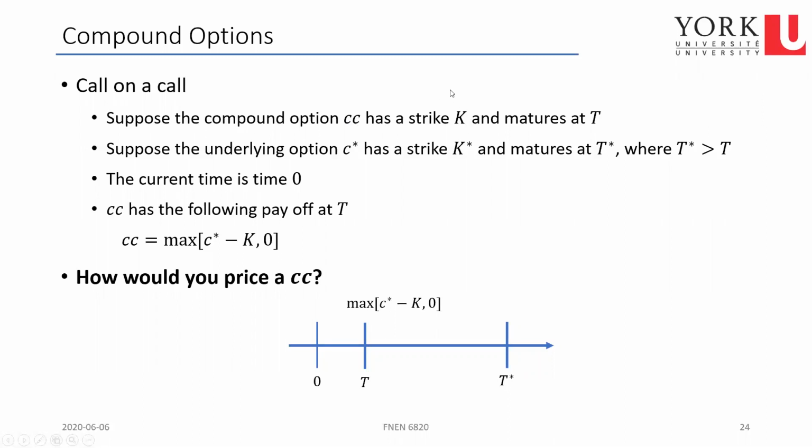And the payoff is that underlying call price minus the strike price, or 0. And the compound option itself has a maturity T.